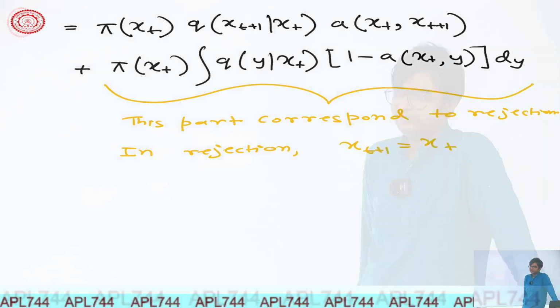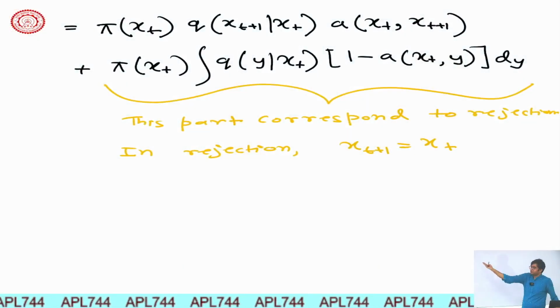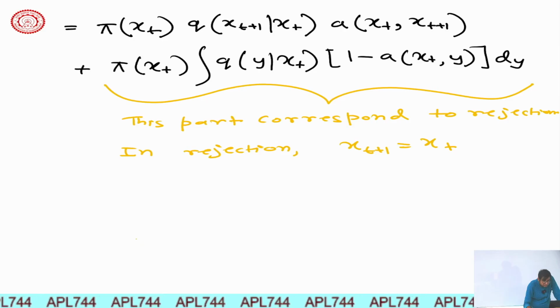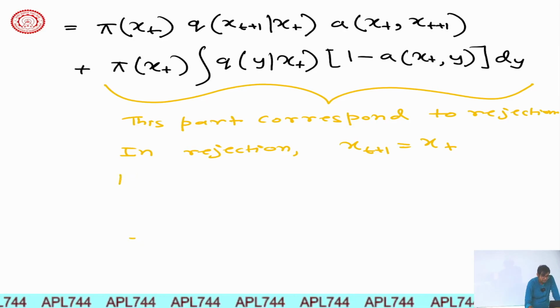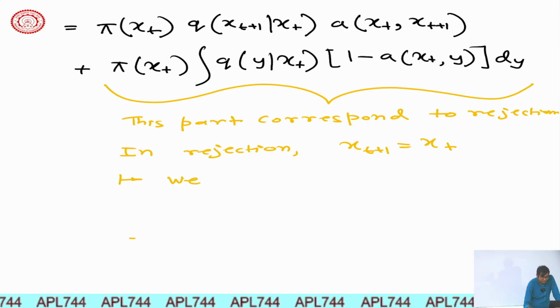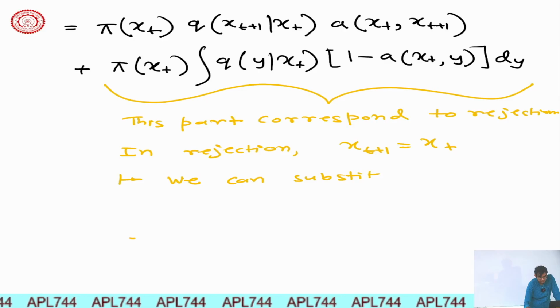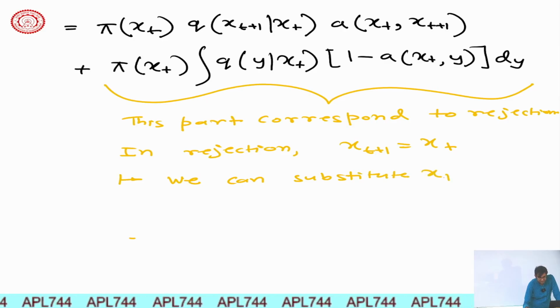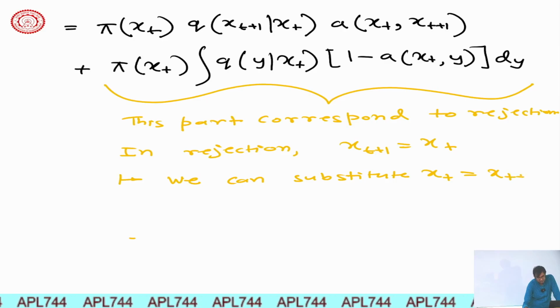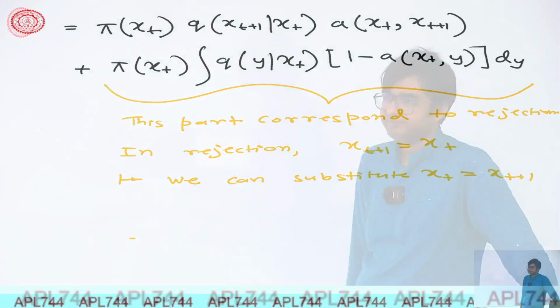So therefore, we can substitute xt plus 1 in place of wherever there is xt. So therefore, we can substitute xt is equal to xt plus 1. Correct? Clear?